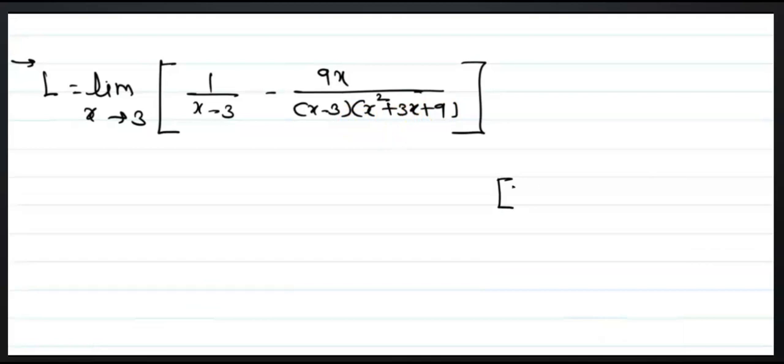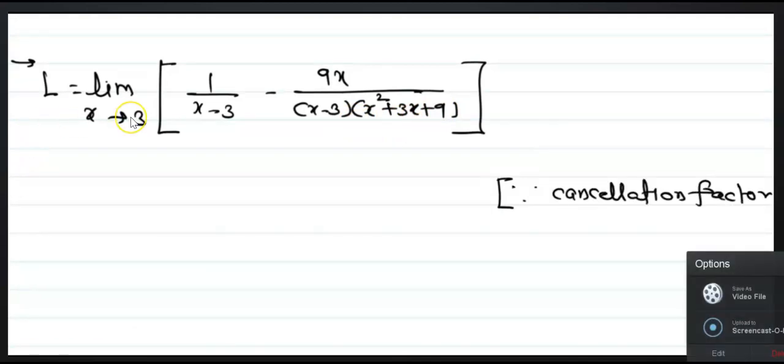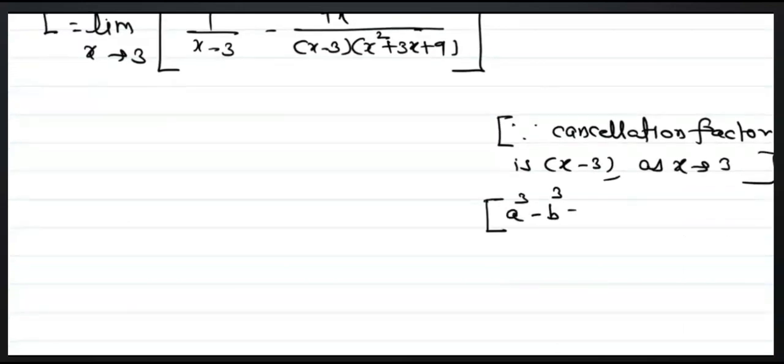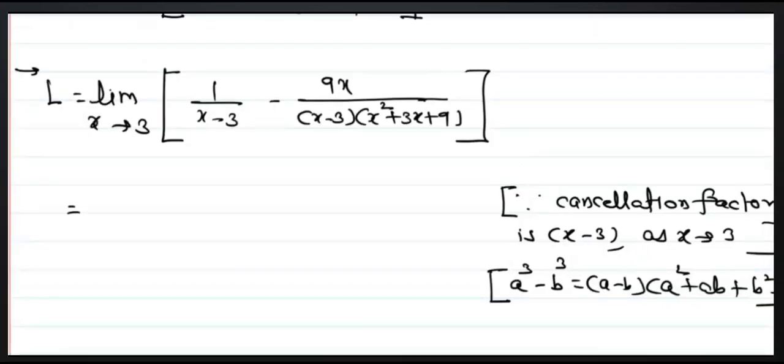Now the next is the cancellation factor. Again, limit x tends to 3. What is the cancellation factor? x minus 3. Therefore, a cube minus b cube, their factors are like this.